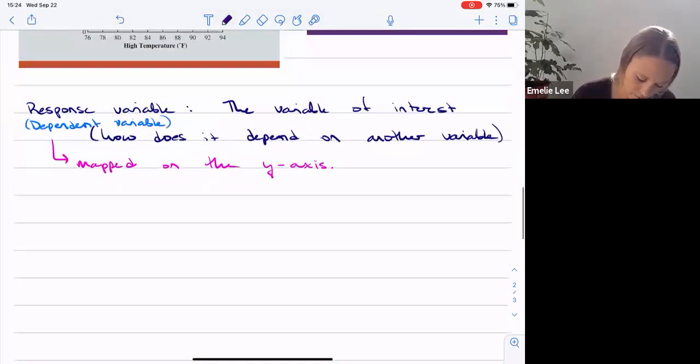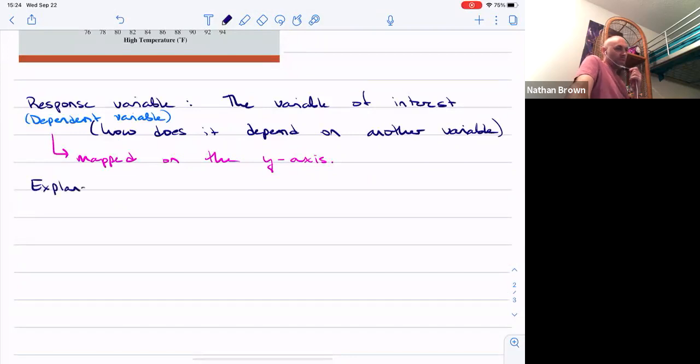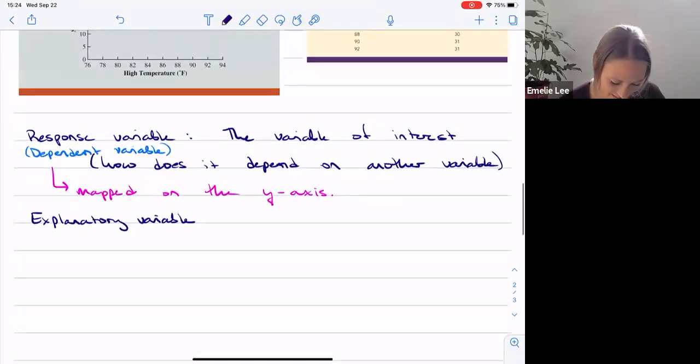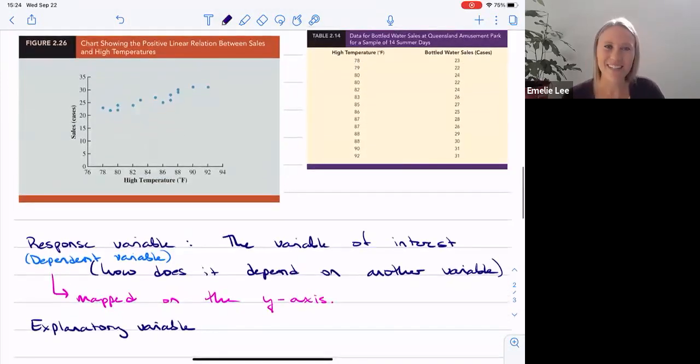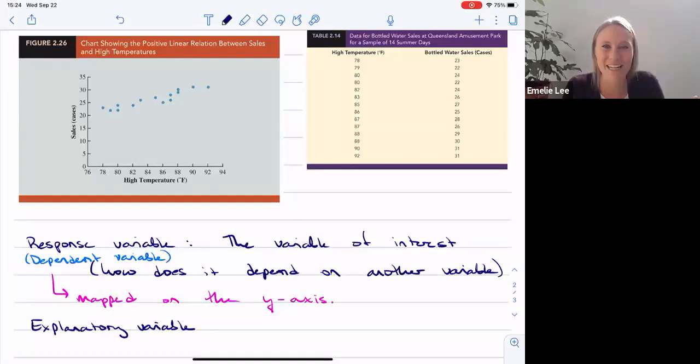Whereas the explanatory variable, or the independent variable. That's why I like the explanatory variable.